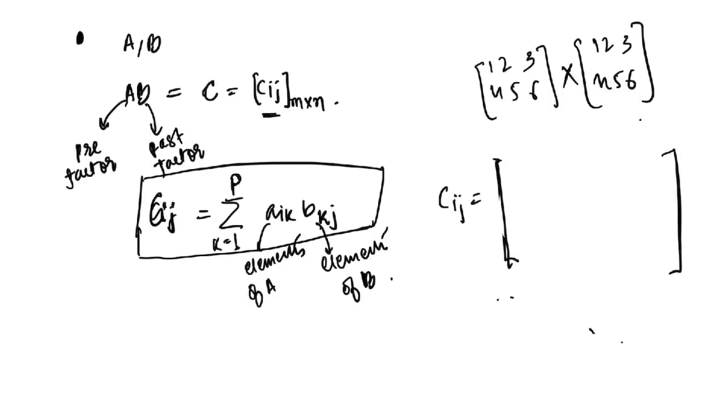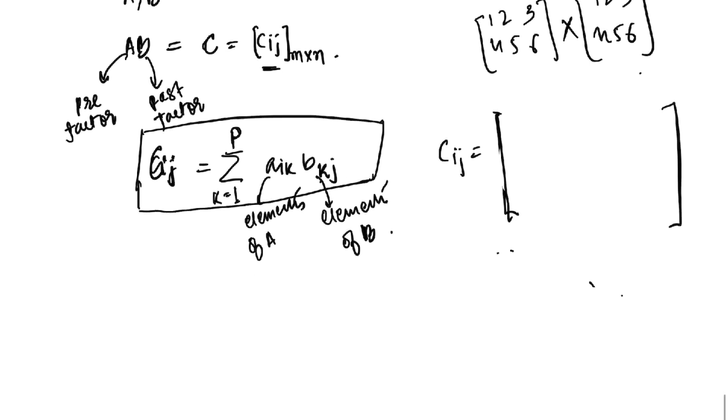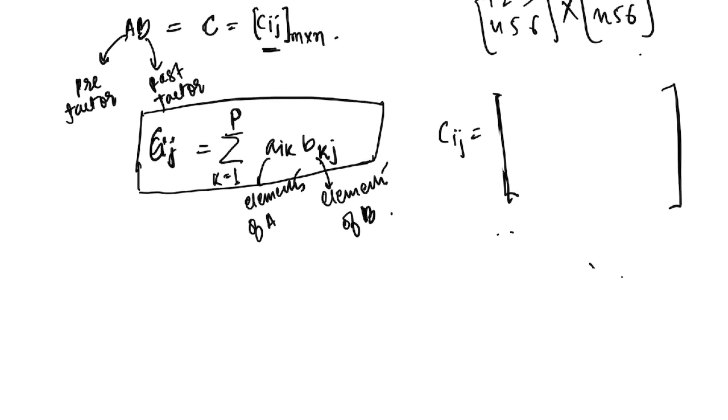Okay, this is multiplied, right? Now what you're going to find is, let's say we want to find c11. How will we find it? k goes here, 1 2. Sorry, that's B, this one over here.